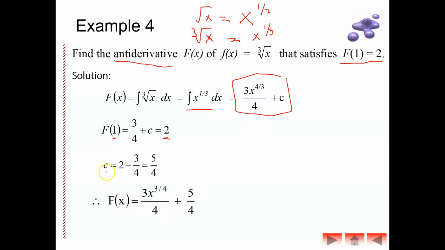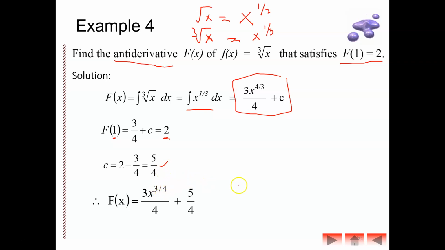This is the arbitrary constant, C equal to 5 over 4. We move things around. C remains here, the rest, 3 over 4, we move to the other side, so it becomes minus 3 over 4. So you get your C constant.